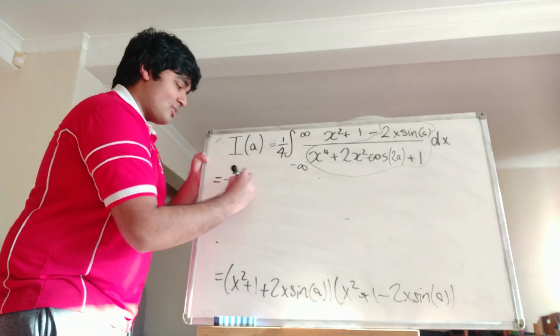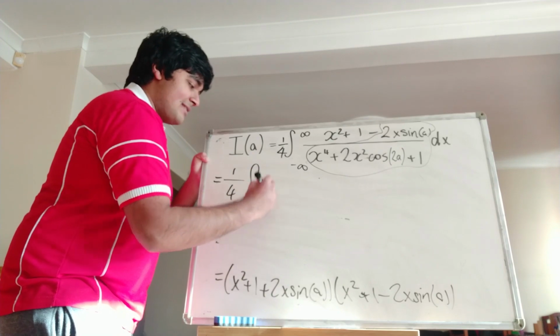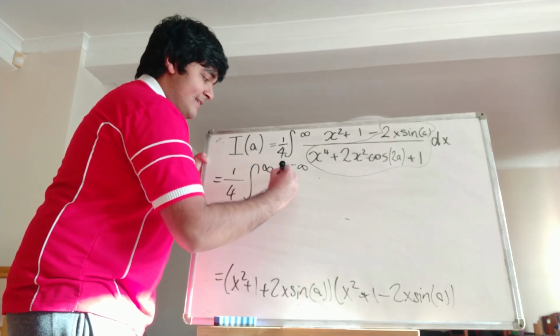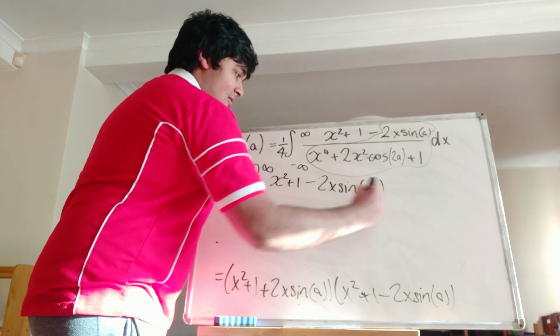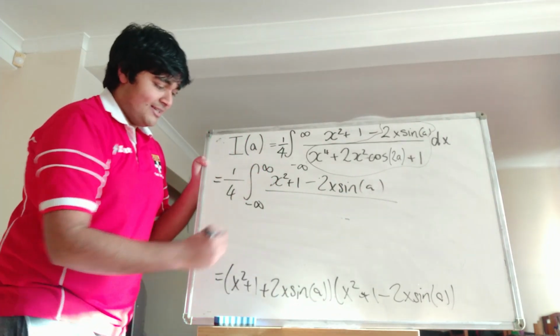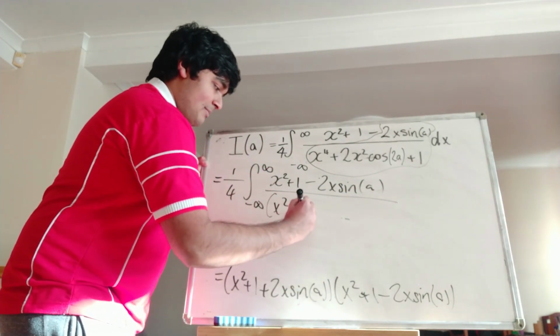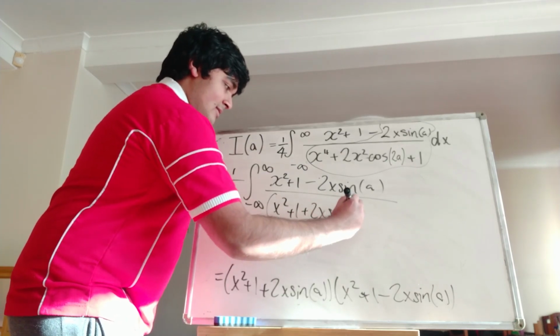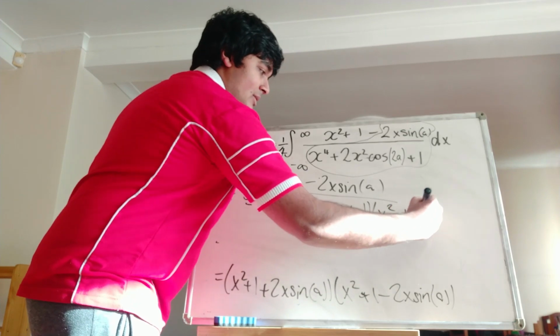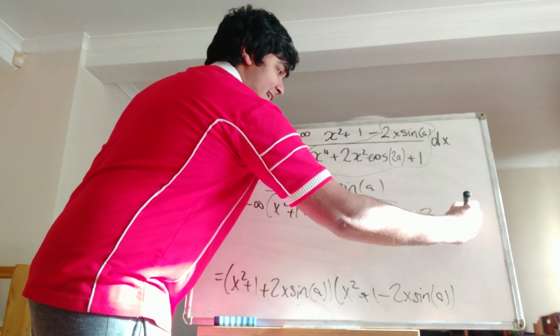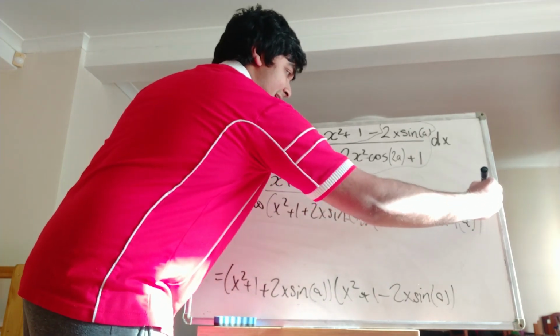So this integral now is a quarter times the integral from negative infinity to infinity of x squared plus 1 minus 2x sine a, all divided by this new denominator, x squared plus 1 plus 2x sine a, and then the other one here, x squared plus 1 minus 2x sine a, dx.